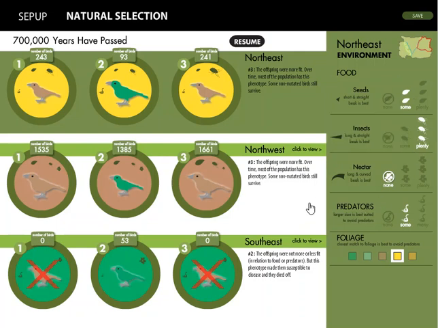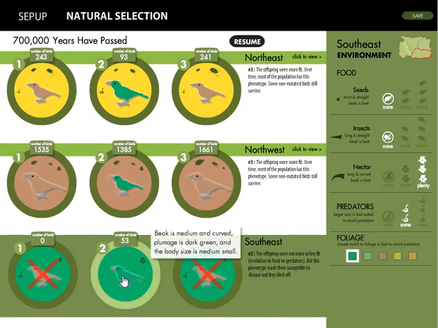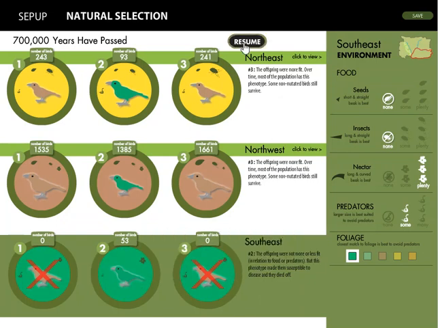Remember, there are so many food sources. There's no more flowers in this one. In the Southeast, the offspring were not more or less fit, but the phenotype made them susceptible to disease and they died off. So the lighter green color wasn't beneficial or harmful, but made them more susceptible to a disease. So in that regard, it was less fit.